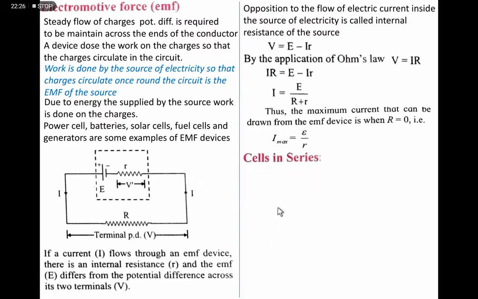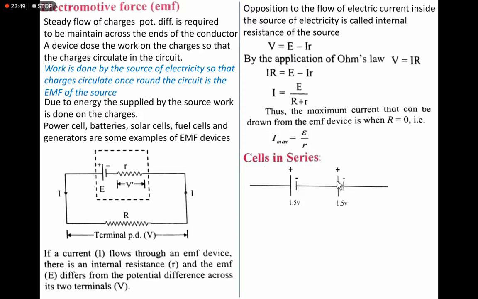Then cells in series, again it is like resistance in series and parallel, which we already studied in our previous lecture. Cells are in series means the negative of one cell is connected to the positive of another cell. Two cells are here.